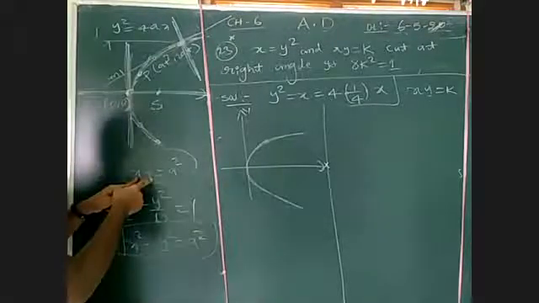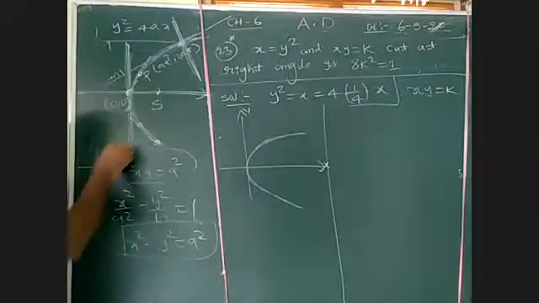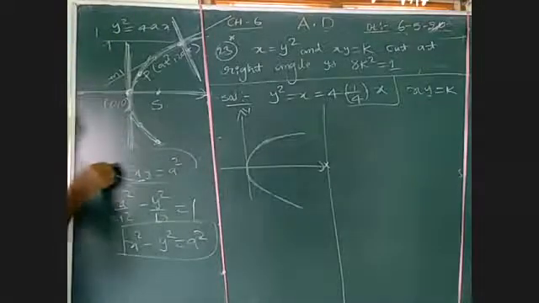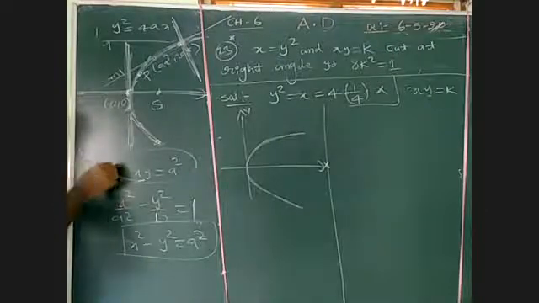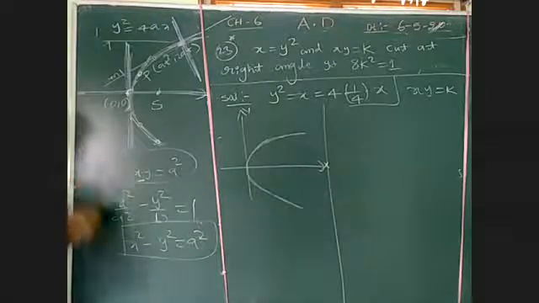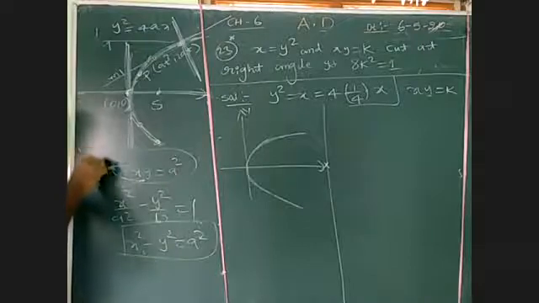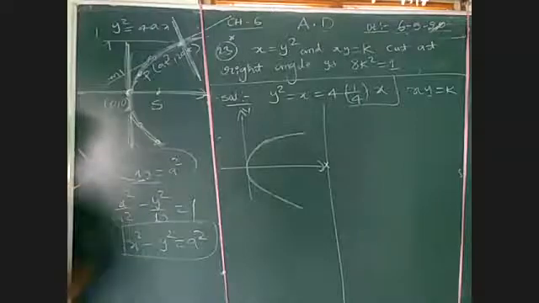Already studied, this is the graph of a hyperbola. When the transverse axis length and conjugate axis length are the same, that is called a rectangular hyperbola. This is the a value, this is the b value; a and b will be the same.